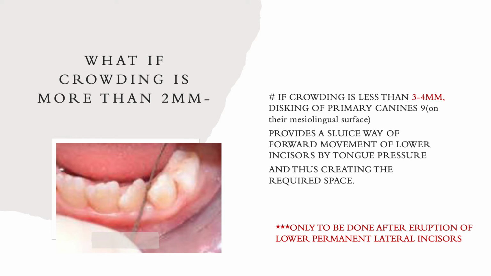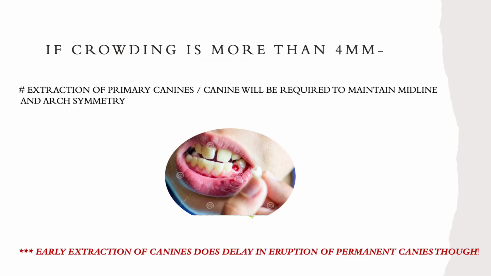But the thing that needs to be taken care of is that this is only done after the permanent lower lateral incisors have erupted. That means after 8 years of age, because first we give the body a chance to relieve that crowding by increasing the intercanine width.